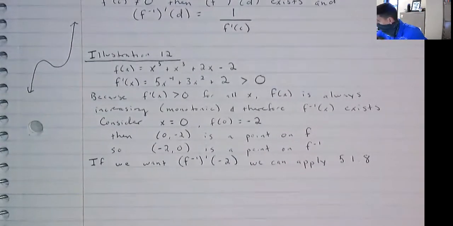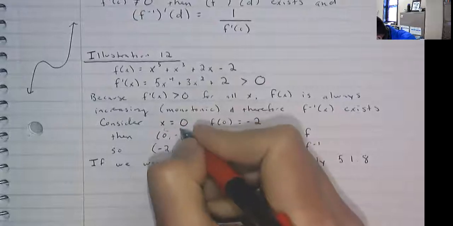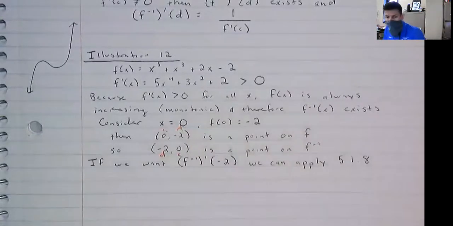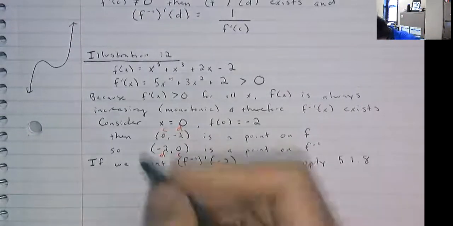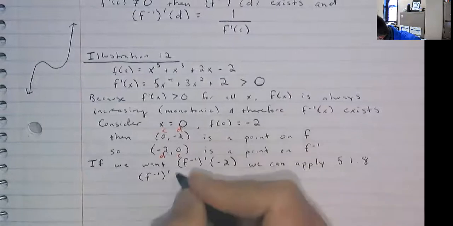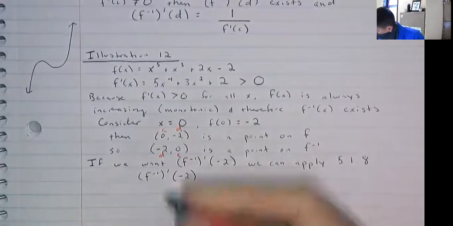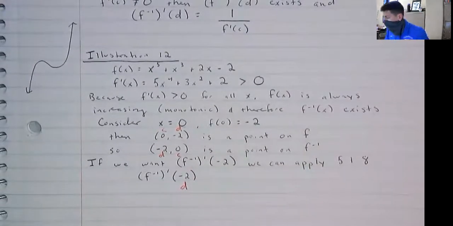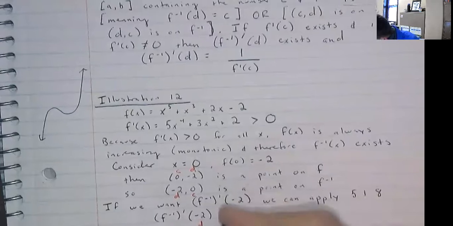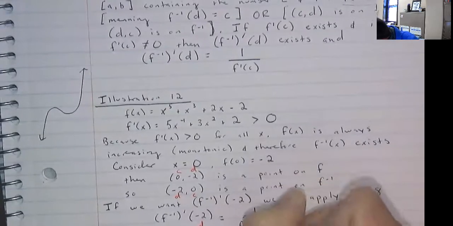I guess maybe I should have done this explicitly. (0, -2), those are C and D. (-2, 0), D and C. So f inverse, its derivative at -2, at our D, according to this theorem, is going to be the reciprocal of f prime of 0.